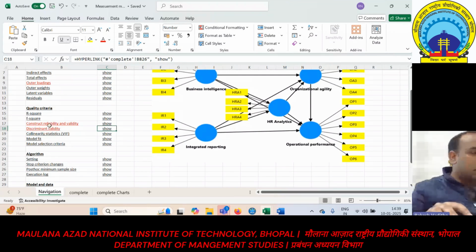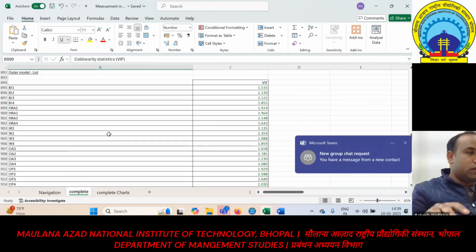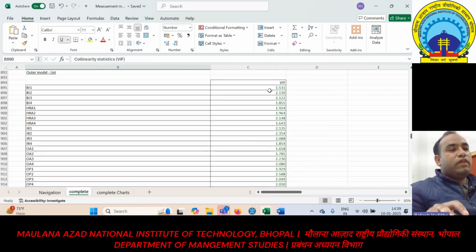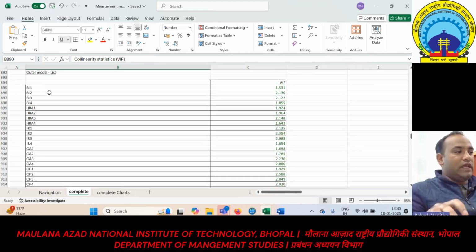In navigation, below the discriminant validity, there is collinearity statistics VIF. Here the VIF values are mentioned for each item.